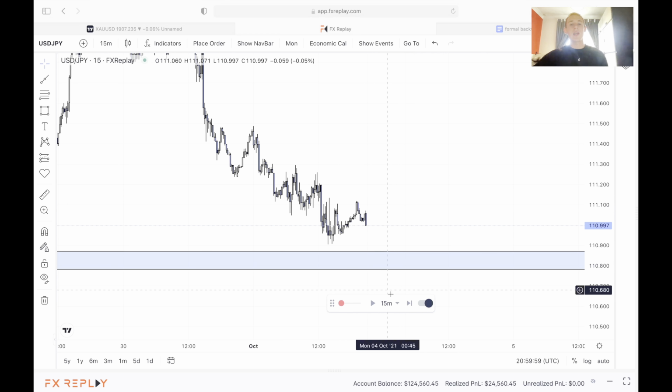So all we're doing is waiting for price to come to a higher time frame level of significance, in this case higher time frame demand, and then waiting to see if the lower time frames align once again with the higher time frame, in which case you will see the next move in the uptrend.